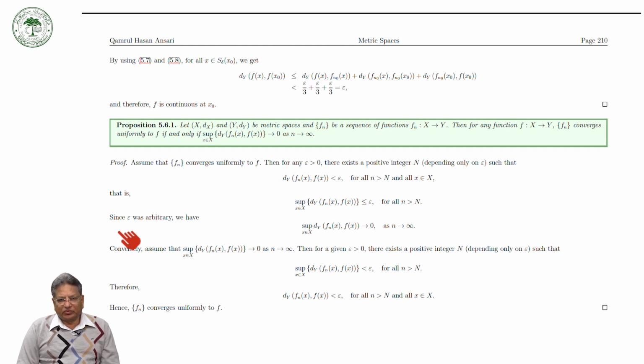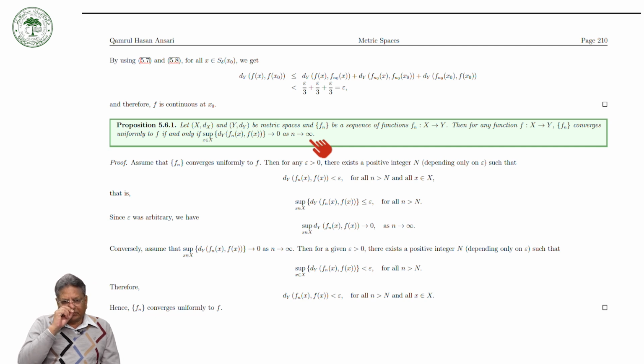Now we have a proposition which says that if X and Y are metric spaces and Fn is a sequence of functions from X to Y, then for any function f from X to Y, Fn converges uniformly to f if and only if the supremum over x in X of d(Fn(x), f(x)) converges to 0 as n tends to infinity.